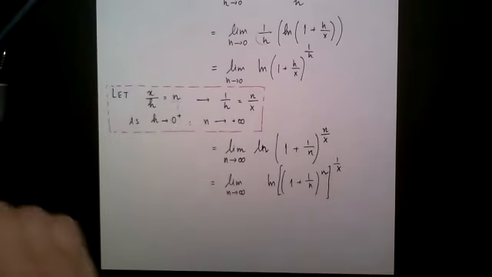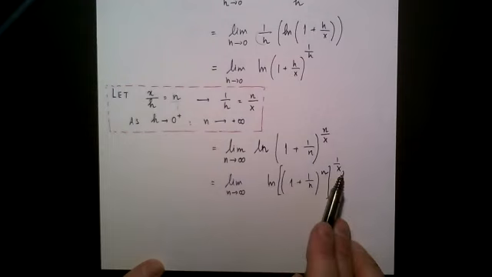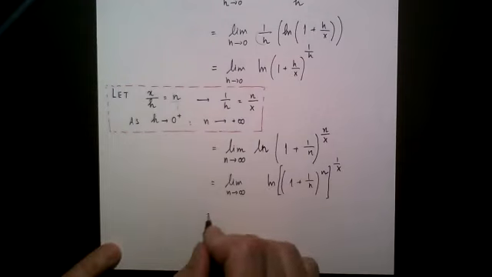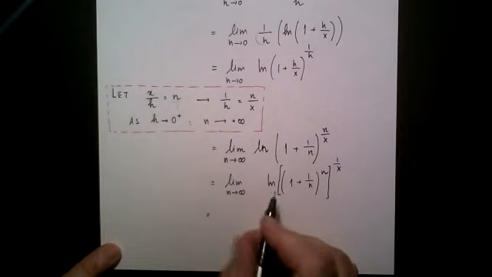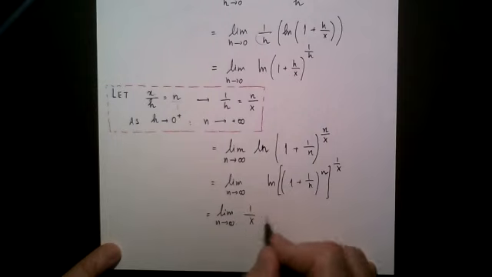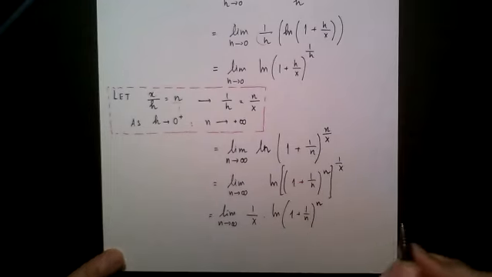Now why did I do this? Because I have ln of something to a power, and the power I could bring in front. So this equals the limit as n approaches infinity of 1 over x times ln of 1 plus 1 over n, to the power n.